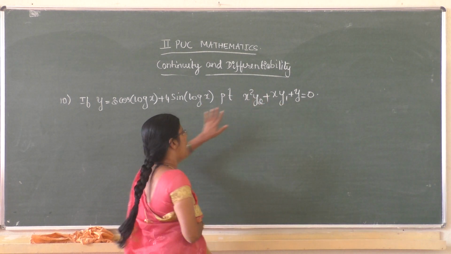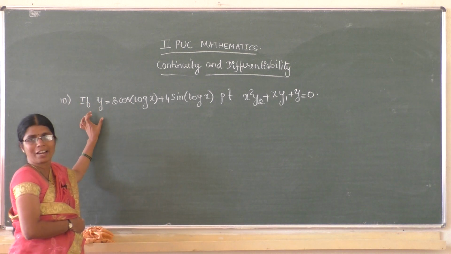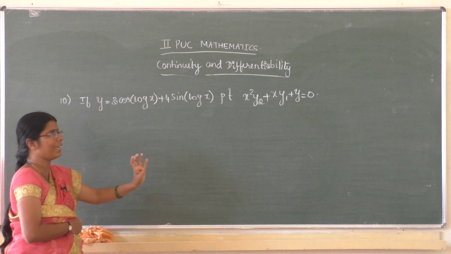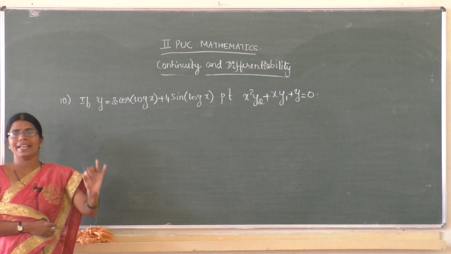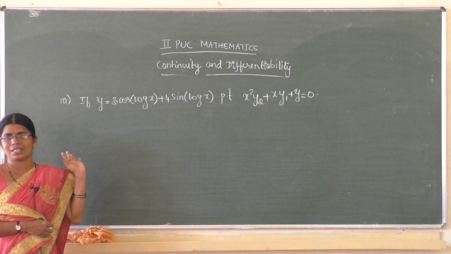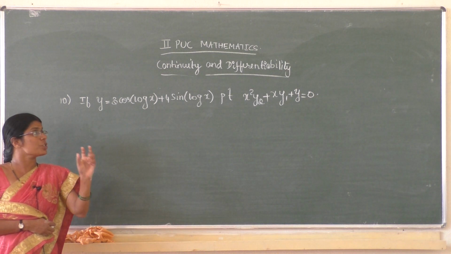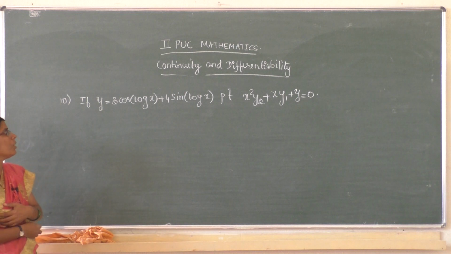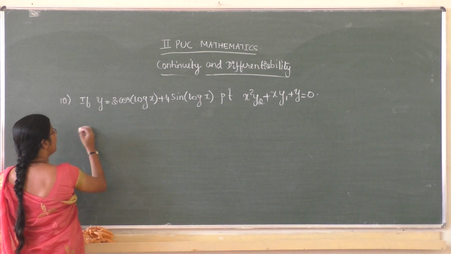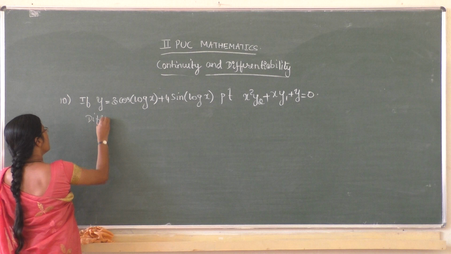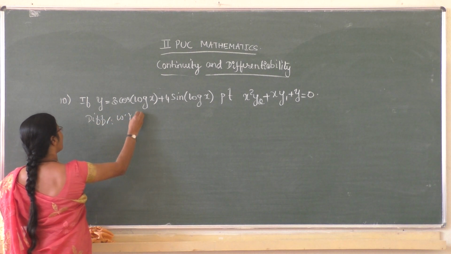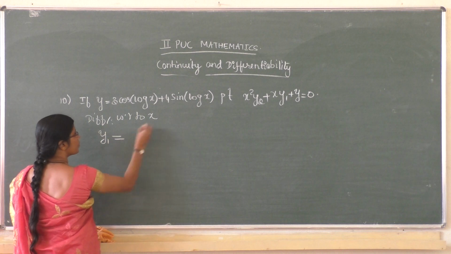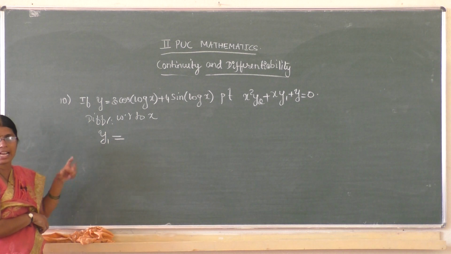Either you can directly use y1 only, because you know that dy by dx, y1, y dash, all are the same notations, correct? All are notations of the same thing, that means the derivative of y with respect to x. So here differentiate with respect to x, what we have, y1, because the notation here they asked is y1.